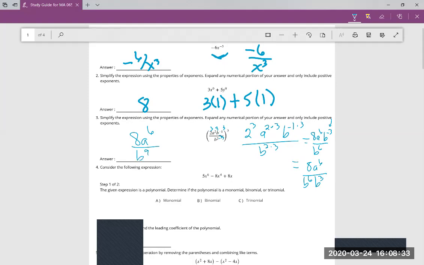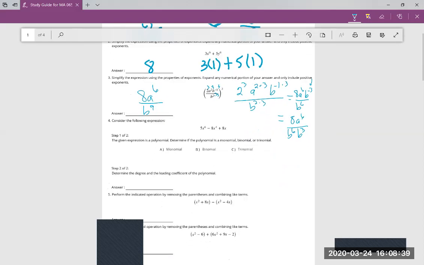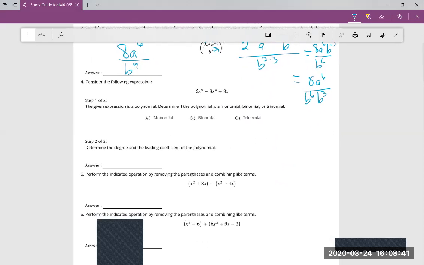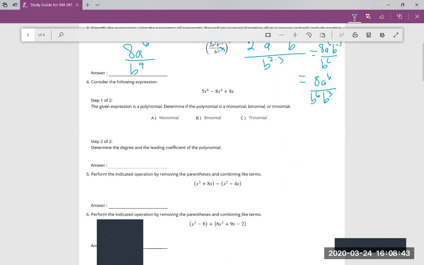Okay, number 4 here, it says consider the following expression: 5x to the 6th power minus 8x to the 4th power plus 8x. Step 1, the given expression is a polynomial. Determine if the polynomial is a monomial, binomial, or trinomial. So C, there's 3 terms, so that is a trinomial.